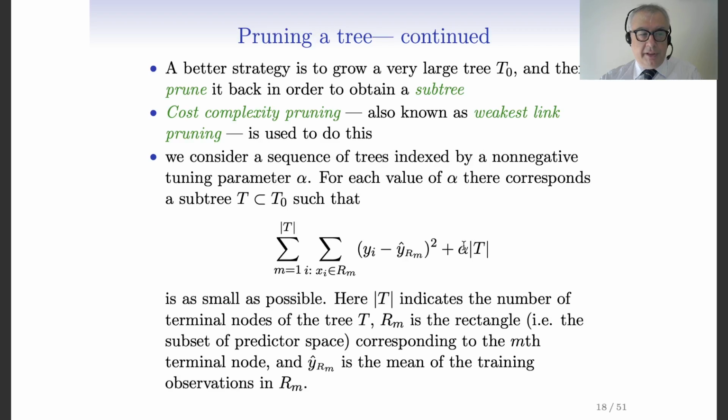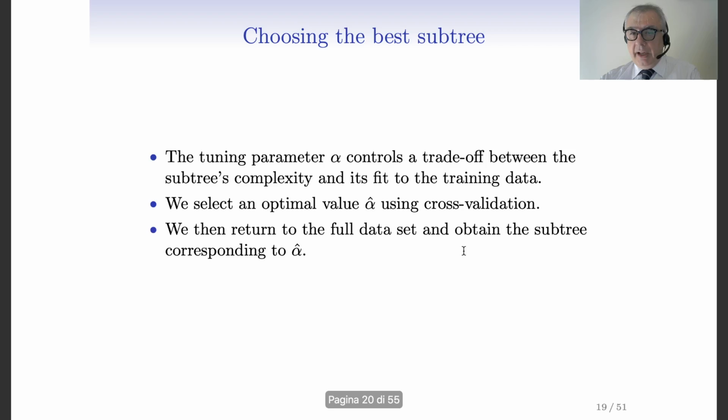So I select alpha, and then I can consider different subtrees. That is, I can prune branches and look for the best pruning strategy. And so I get a smaller tree that has the property of optimizing this cost function for that given alpha.